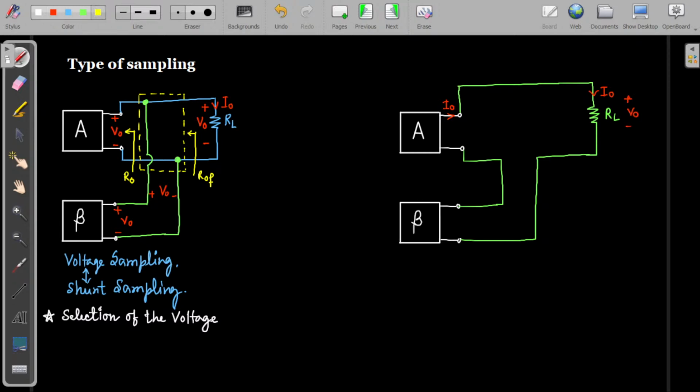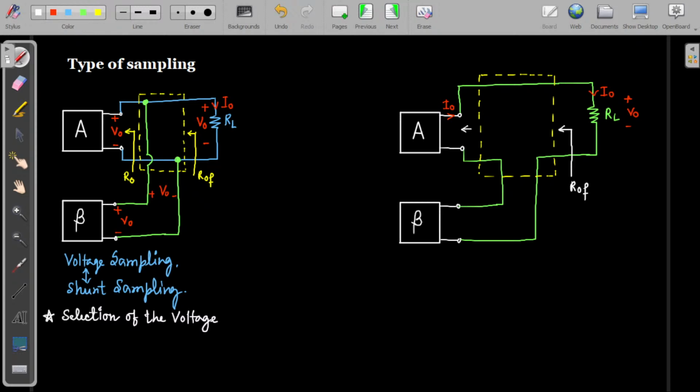और आपका सैम्पलर कहाँ पे है? So this is the sampler. You can see. ये आपका सैम्पलर है. So this one is the sampler. Okay. If this is the sampler, then यहाँ पे if we find the output impedance at this point, it will be ROF. What will be the output impedance at this point?